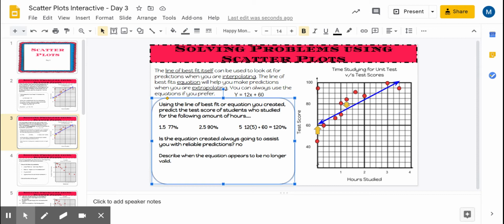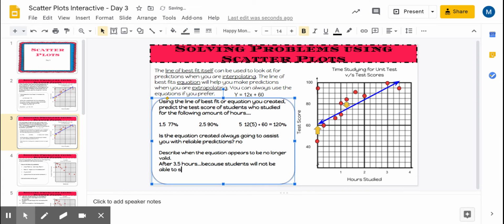They'll get 100%. So the equation appears to be no longer valid after 3.5 hours, as students will not be able to actually score over 100%. Unless the teacher puts on a little extra credit, but that's not related to study time.